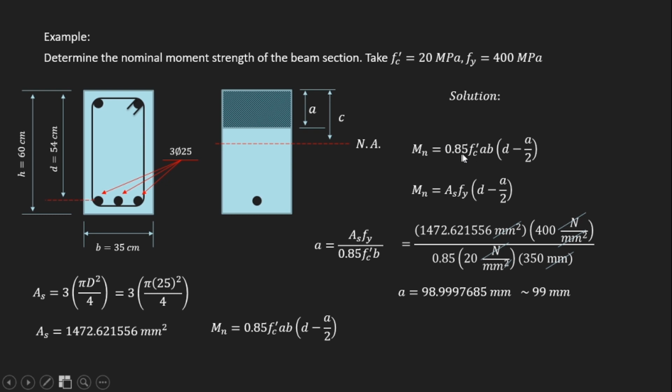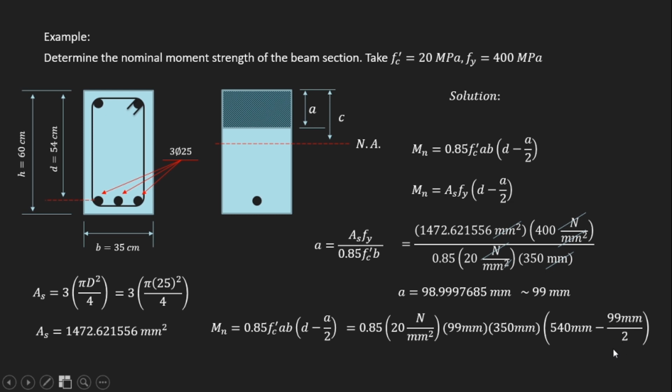Pwede natin gamitin yung 0.85 fc prime ab times d minus a halves. So, substitute the value. So, 0.85 times 20 Newton per square millimeters times yung a natin, that is 99 millimeters, times yung b, 350 millimeters, and times yung d natin or the effective depth, that is 540 millimeters, minus a halves or 99 millimeters all over 2.